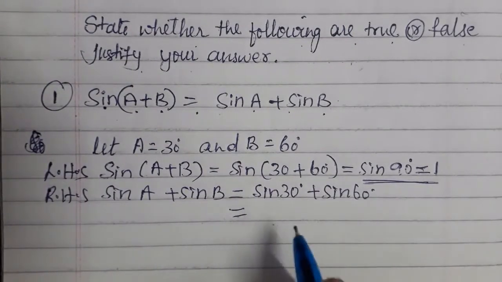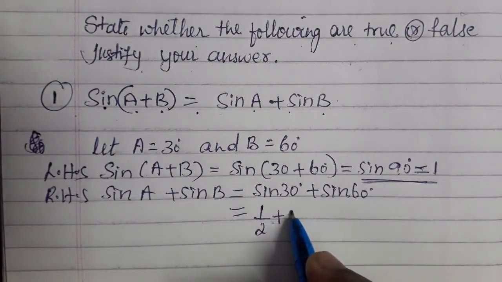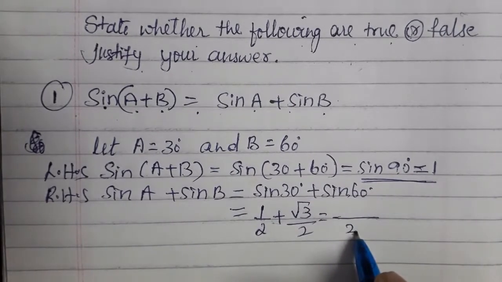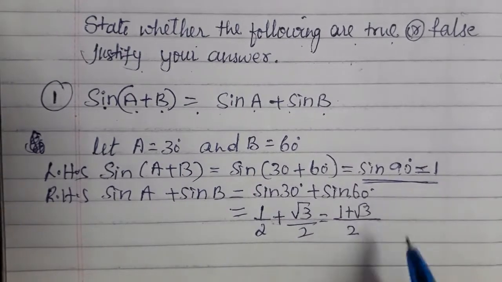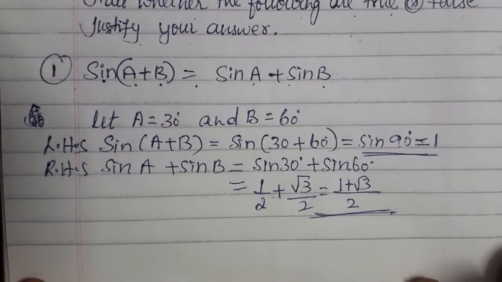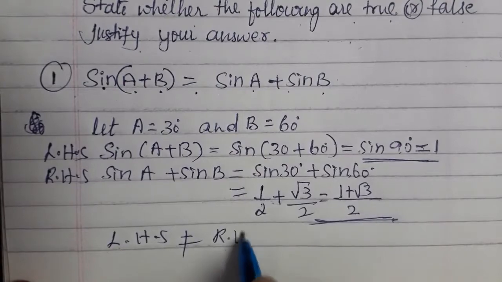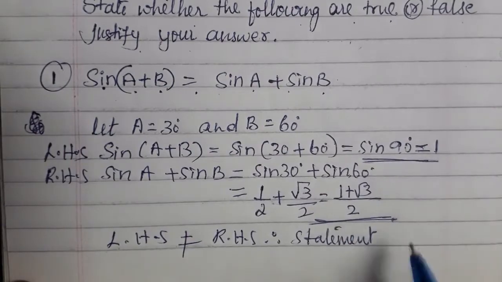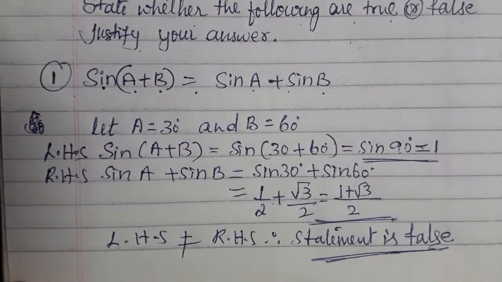The denominators are the same, so if you add the numerators, you will get 1 plus root 3 over 2. So now if you see, LHS is not equal to RHS. Therefore, the statement is false.